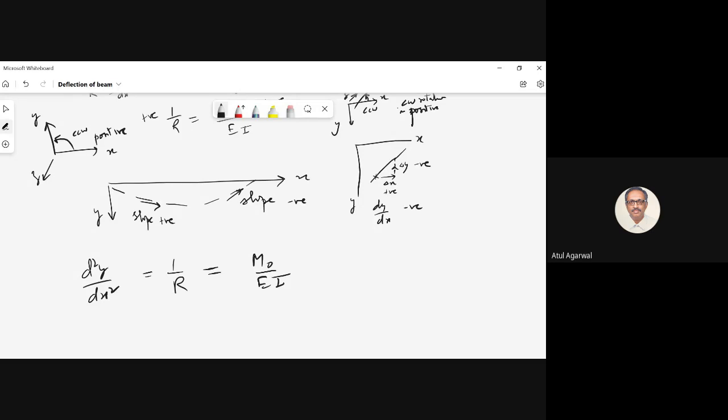Now we have a differential equation. This is an ordinary differential equation.